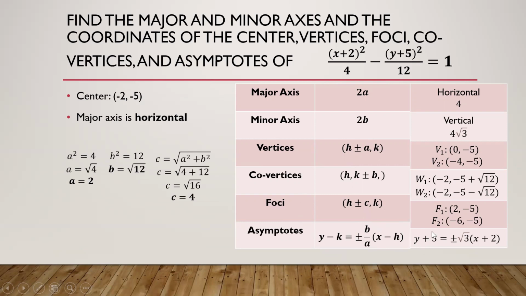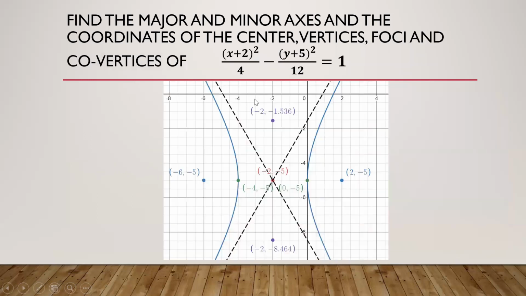So that's y plus 5 equals plus and minus b over a, that's square root of 12 over 2, which will give us square root of 3, parenthesis x plus 2. If we try to graph it, it will come out like this.